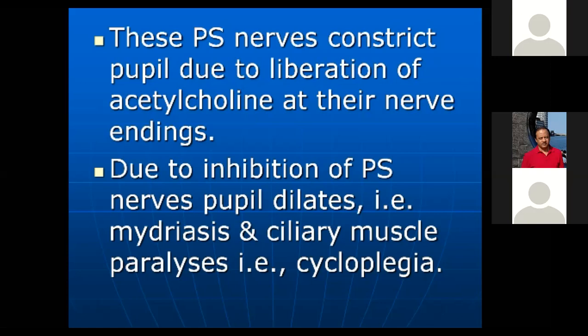Dilatation of the pupil means mydriasis, and at the same time, the ciliary muscle gets paralyzed, which is called cycloplegia. So all the drugs which inhibit parasympathetic nerves dilate the pupil. That is, they are called mydriatic drugs.